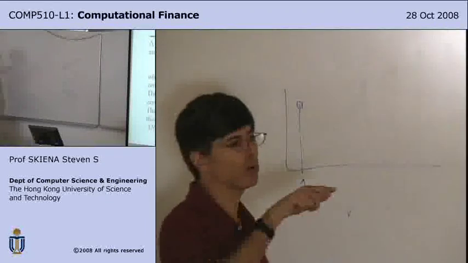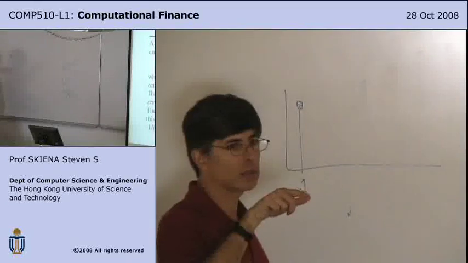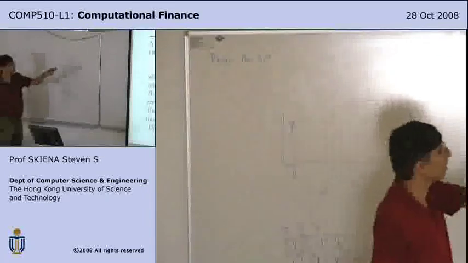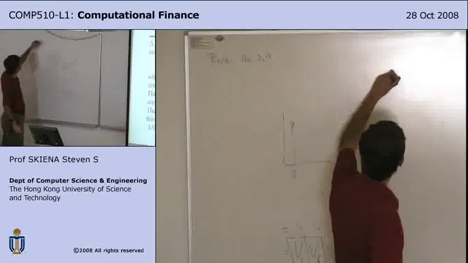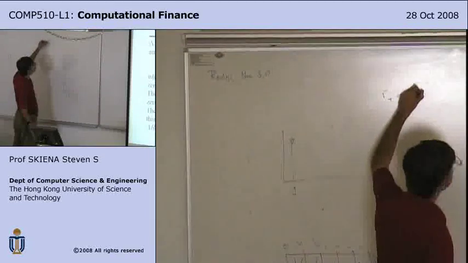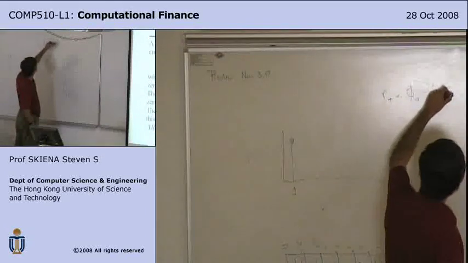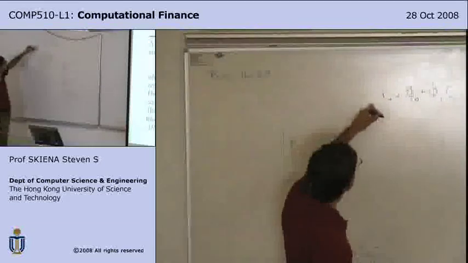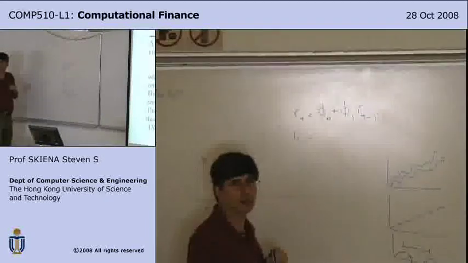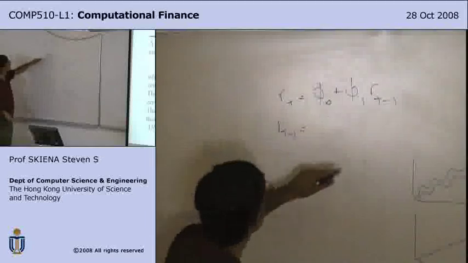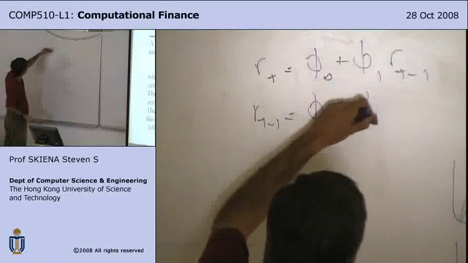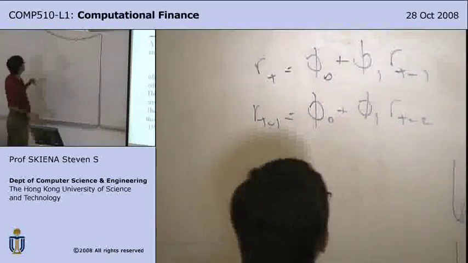What about at a lag of 2? Small? Actually, it's not clear that that's true. What is the value of r sub t? If we have a function like this, phi 0 plus phi 1 r t minus 1, what is r t minus 1 going to look like? That's going to be governed by the same kind of a process, right? phi 1 r t minus 2.